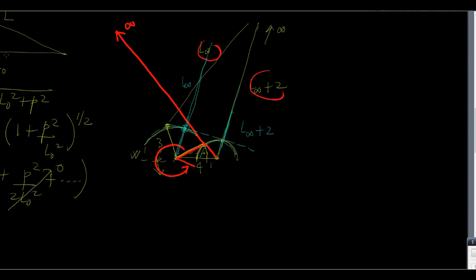Okay. After I find that limiting position, I can make this pen bigger. Once again, let me remind you, circle of radius 3, because this pin has to be there. Collinear, therefore it is straight and parallel to this one. This is L infinity plus 3, that is L infinity plus 2.